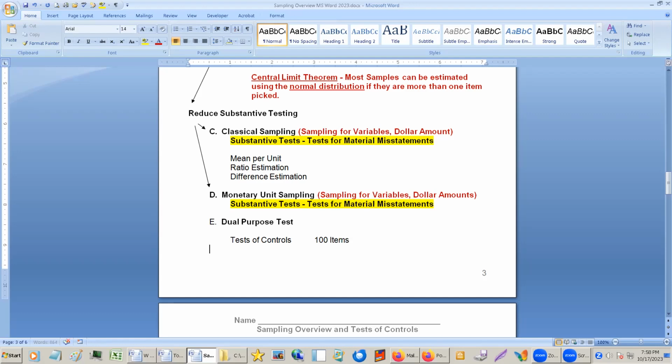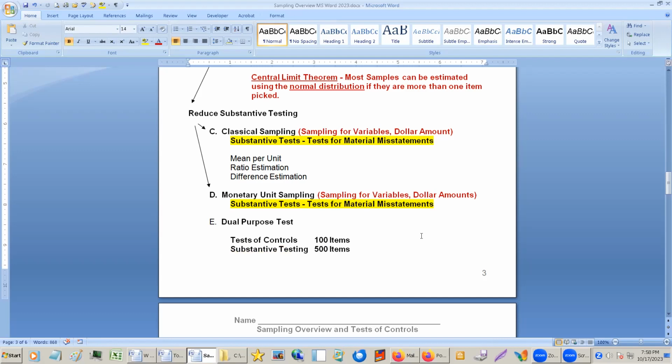And for the substantive testing, whichever one we use, classical or monetary unit, let's say that we need 500 items. So we have to pick random samples. We pick a random sample of 100 items for the test of controls, and then for substantive testing, we need 500 items.